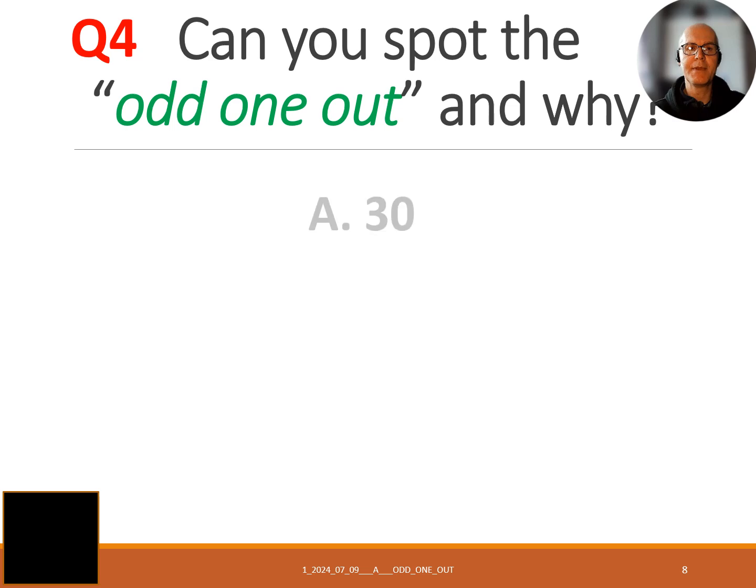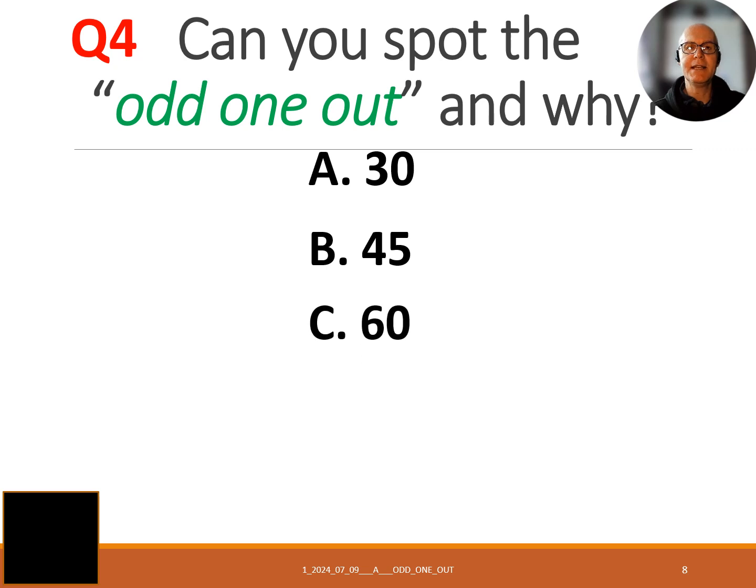Question 4. A. 30, B. 45, C. 60, and D. 67. Can you spot the odd one out and why?